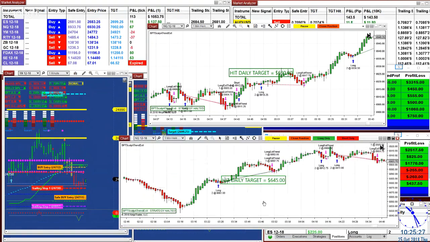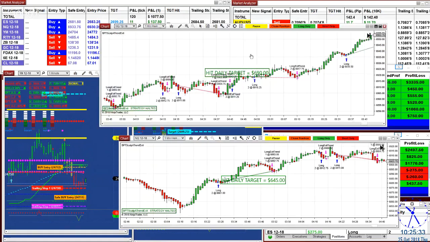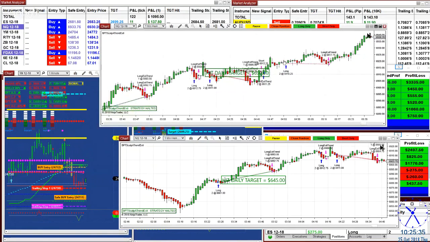But they're both on a five. Everything on the swing trading is 500. Anything above 500, then it will be plus.